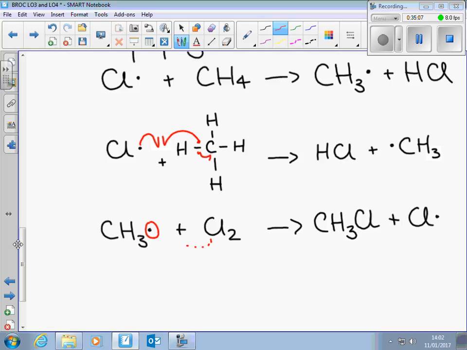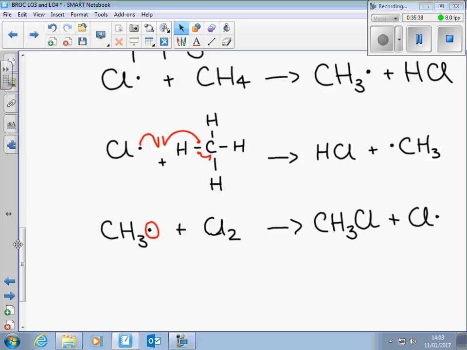One of those chlorines is going to bond with this radical and produce the chloromethane. And then the other electron that's forming the bond between those two chlorine atoms in the molecule moves to be a single unpaired electron, so we end up with our chlorine radical. So that's the chain reaction, that will just keep going.